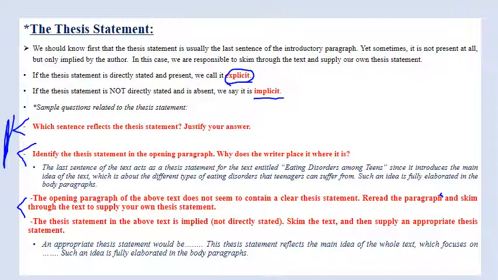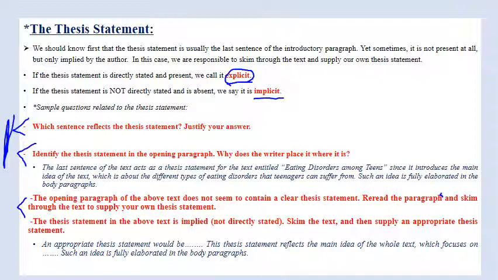Of course, this would be one of the challenging questions on a test, because in order to write a thesis statement, you should have read the text very carefully and come up with one statement, one sentence that holds the main idea of this whole article.